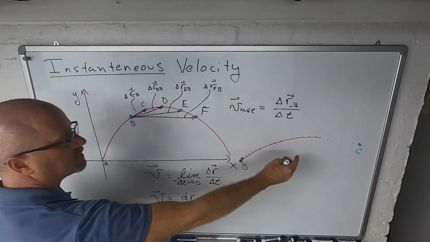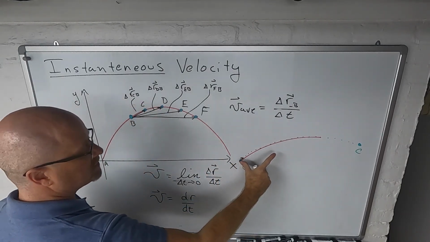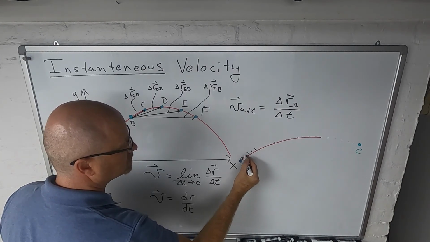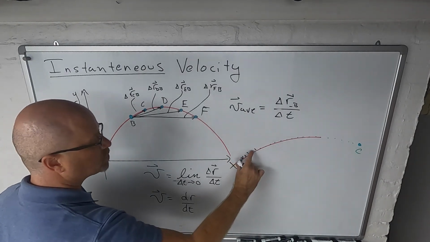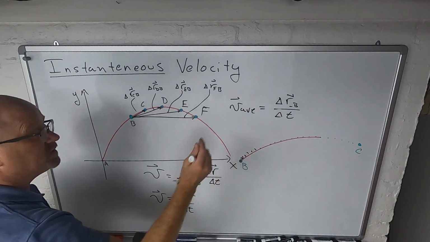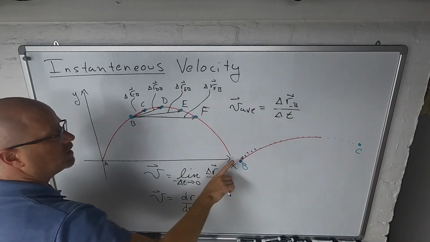A limit just means exactly what I've drawn here graphically, which is that I take my time interval, which are these little marks here, they're also the spatial intervals, and I shrink them down to the shortest possible limit as delta t goes to 0, gets really, really short.